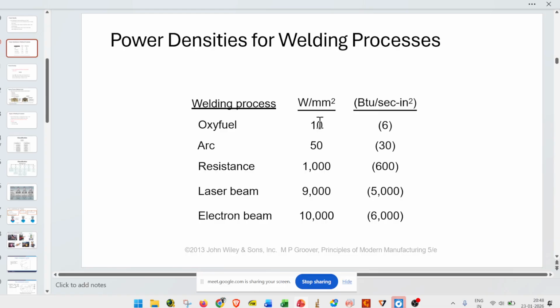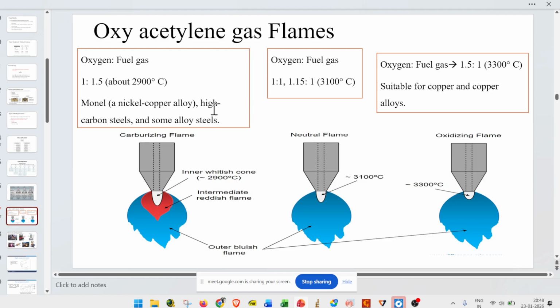Power density means how much energy we are giving per unit area. In oxy fuel welding, the temperature is at most around 3000 to 3600 degrees. We will discuss the different kinds of gas welding briefly later.